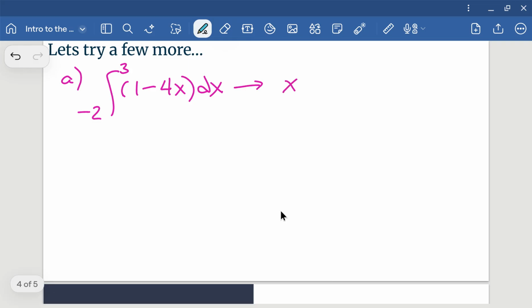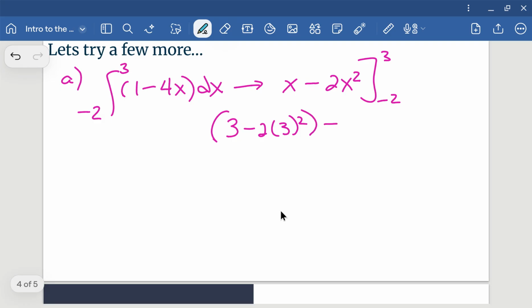We'll have x minus 4x to the power of 2 divided by 2, which ends up being 2x squared, calculated from -2 to 3. We can plug in those values. The first one will be 3 minus 2 times 3 squared.